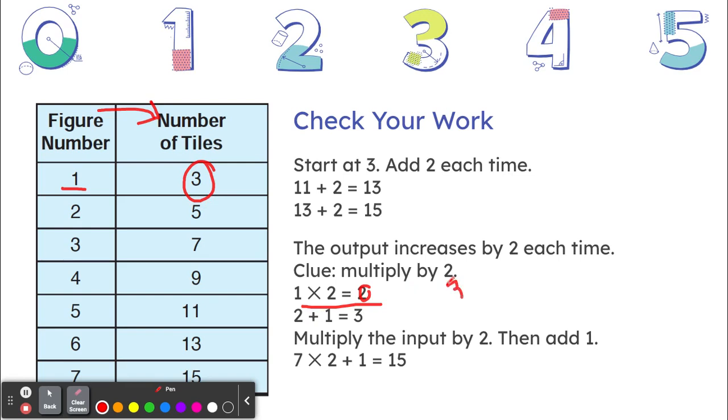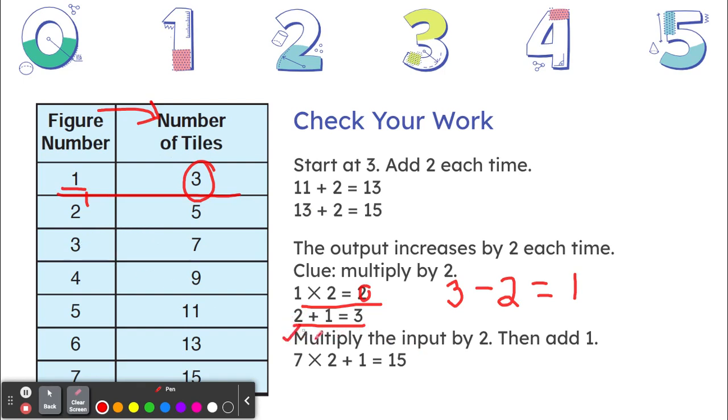And to do that, we find the difference. So 3 minus 2 equals 1. That tells us we need to add 1 to the figure number after it has been multiplied by 2. So 2 plus 1 equals 3. That works here. And then we need to try it with some of the other outputs to make sure that we're right.